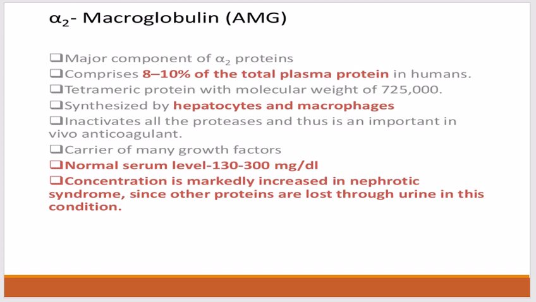It is a carrier of many growth factors, and the normal serum level of alpha 2 macroglobulin is 130 to 300 milligrams per deciliter. Its concentration is markedly increased in nephrotic syndrome, since the other proteins are also lost through the urine in this condition.